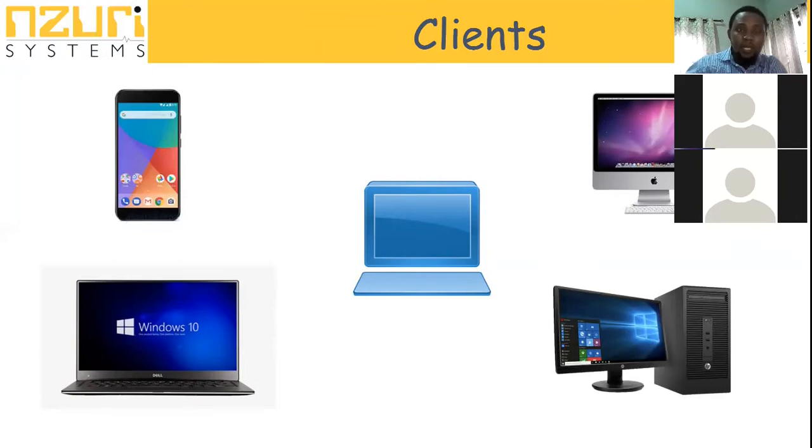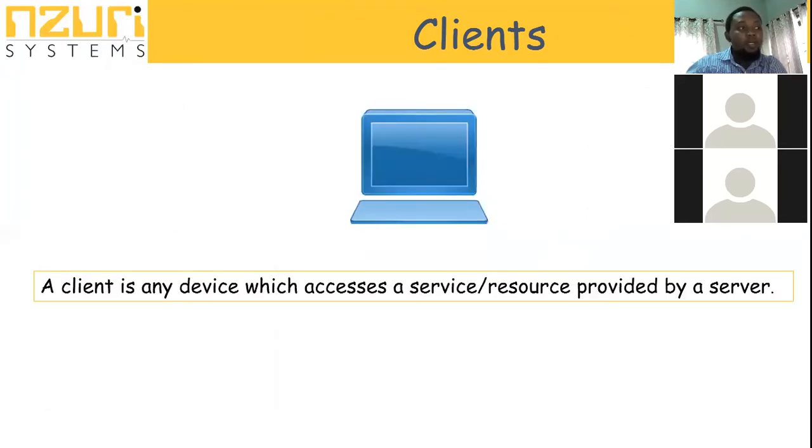Now, mostly when we want to define what a client basically is on the network, this is what we look at. A client is any device that would access a service or a resource that is usually provided by a server on a network. So any device you have on your network that is accessing a resource provided by something else.